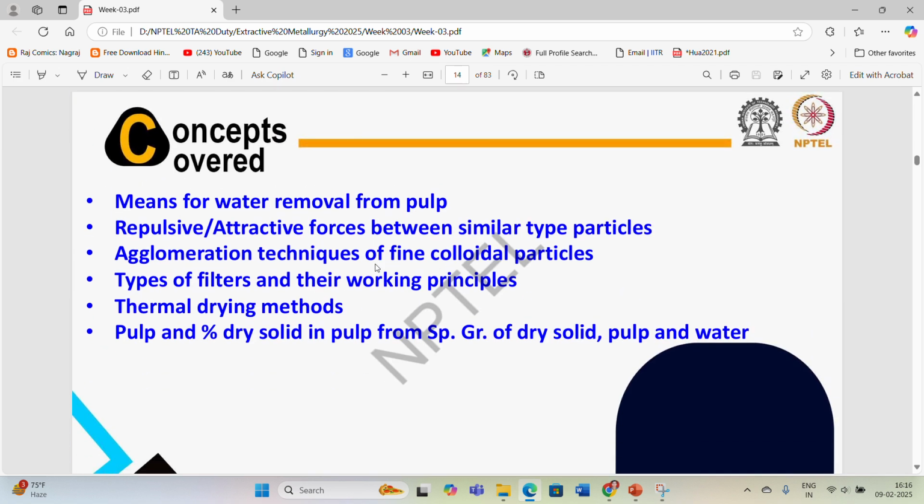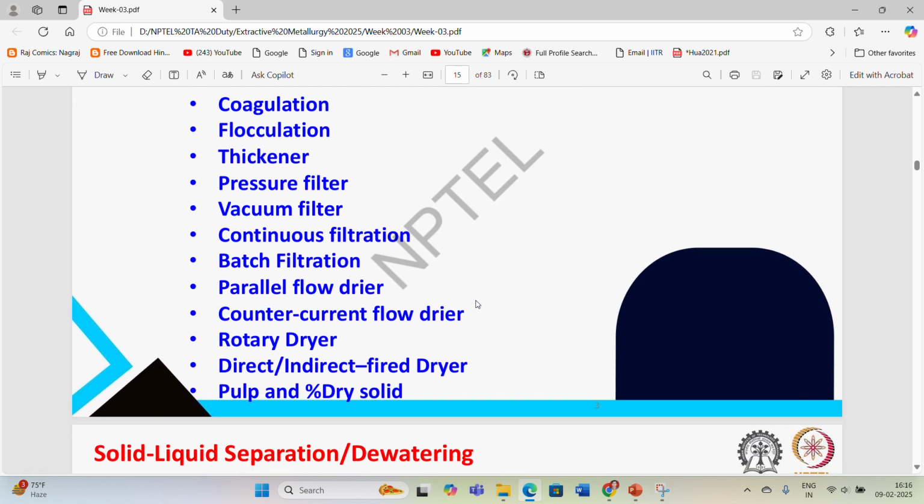Now, before the beginning of the mineral beneficiation process, we are going to add some water inside the system. But what will happen when we get the concentrate and gangue material? Then we have to remove that water from the concentrate or gangue material, so that we can go for further processing operations.